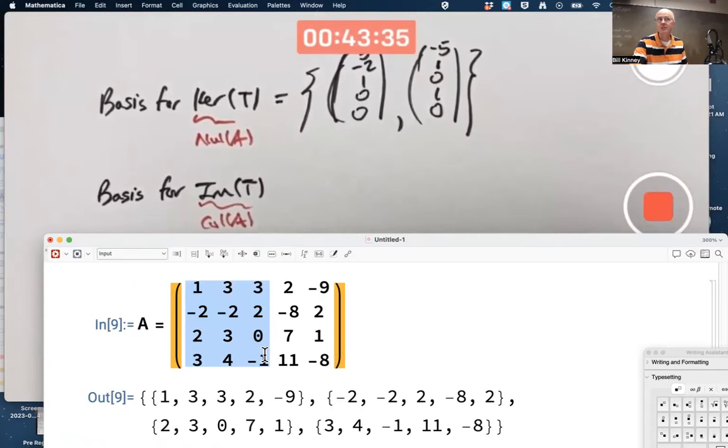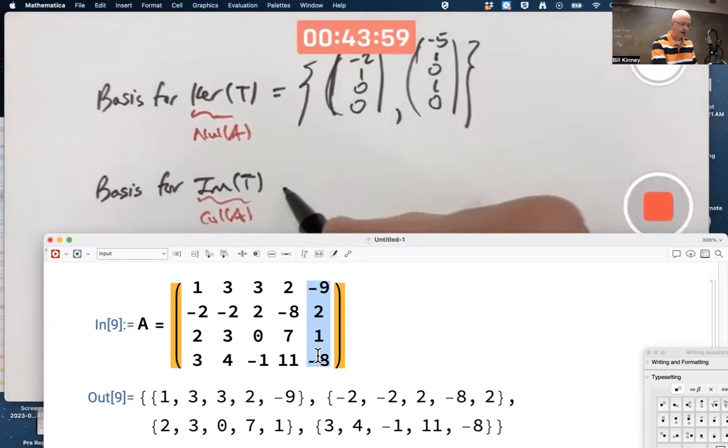Possible. But the only thing that's guaranteed based on the algorithm, the REF, is to use the pivot columns, the columns that have the leading ones in the REF, the first, second, and fifth. That's what the algorithm guarantees. It's possible you could get other bases for the image using other columns.